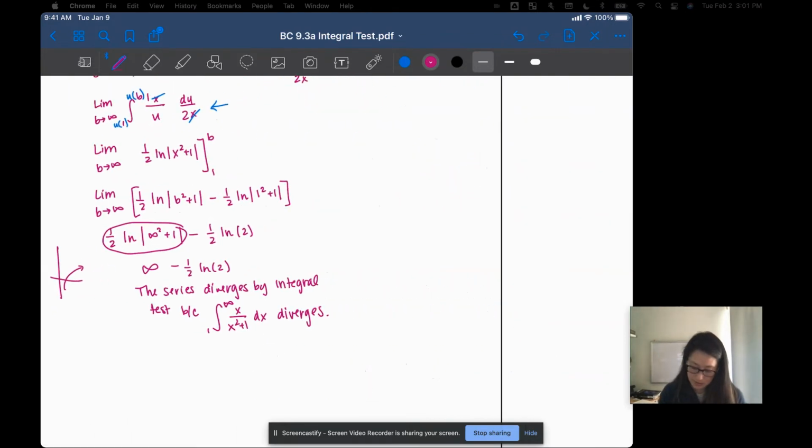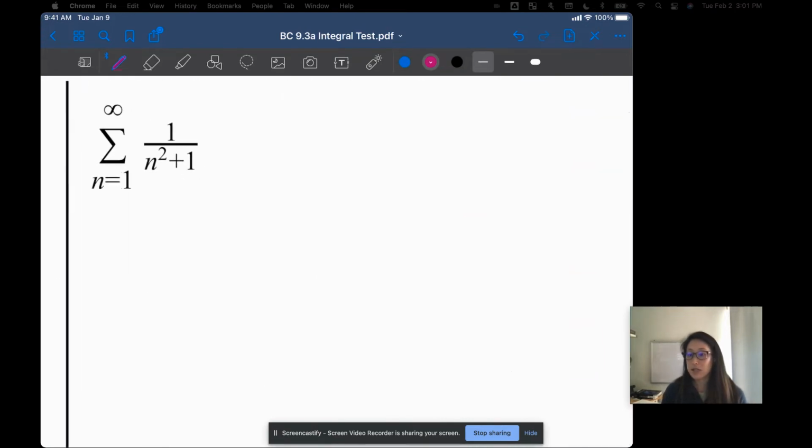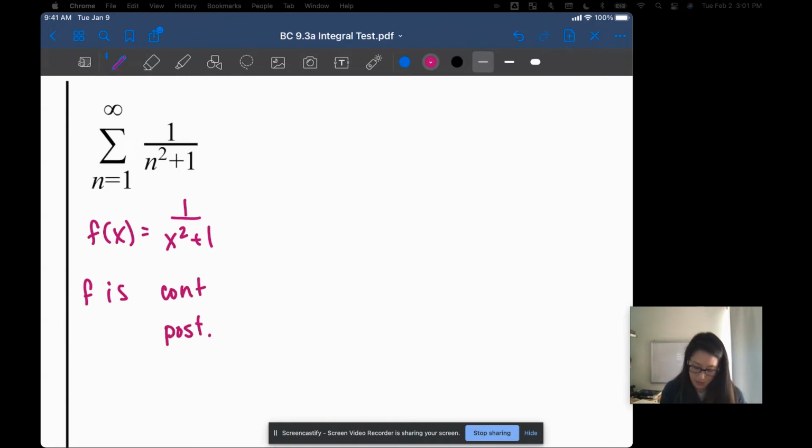Okay, the integral test is nice because it tells us if the series is going to diverge or converge, not just diverge, like the nth term test. All right, so we have to test. We're going to say f of x is equal to 1 over x squared plus 1. Is f continuous, positive, and decreasing?